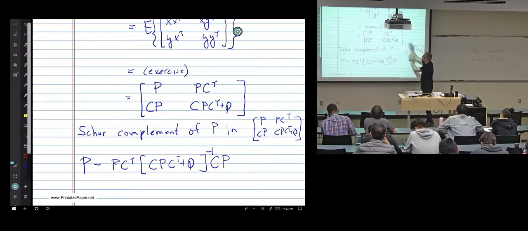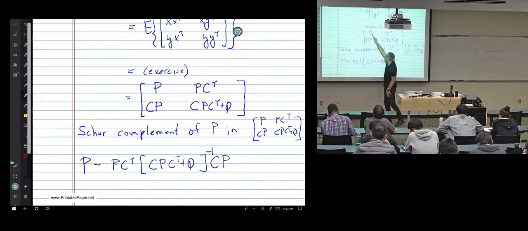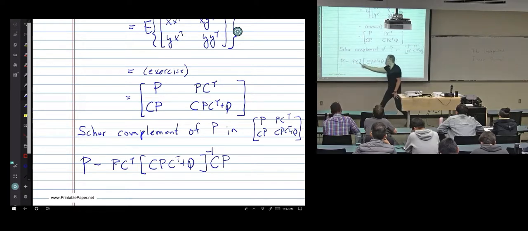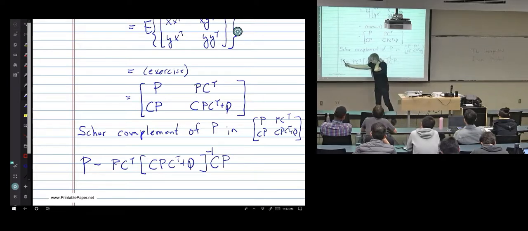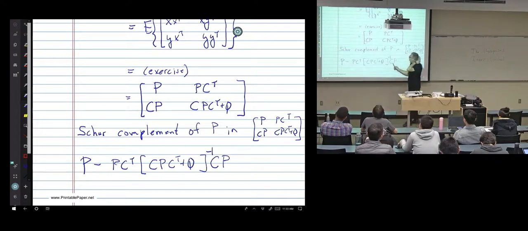So the variance in X, when we project it down onto the span of Y, is the Schur complement of P. And so this matrix here has smaller eigenvalues than the original one, okay? It reduces the uncertainty in X. Okay, so this is the covariance of X projected onto the span of Y. It's a Schur complement. So this is a nice, positive definite matrix, okay?